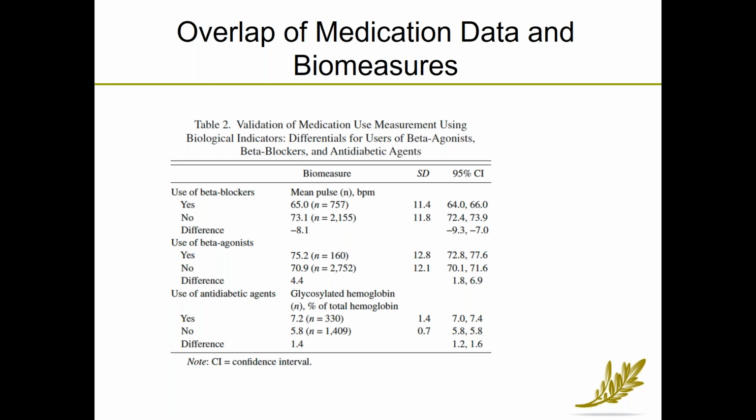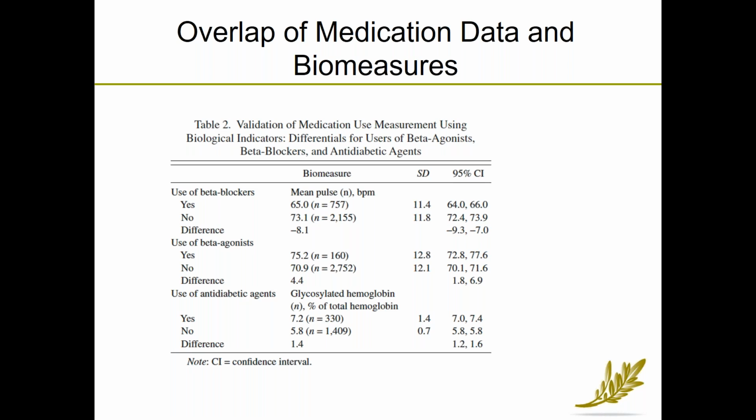And beta blockers are known to slow the heart rate down. That is one of their modes of action. So you can see that if we look at the pulse of people who are and are not taking beta blockers, the subjects who are taking a beta blocker have a slower pulse.